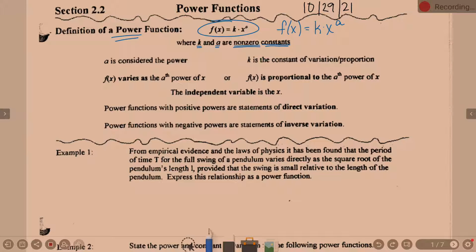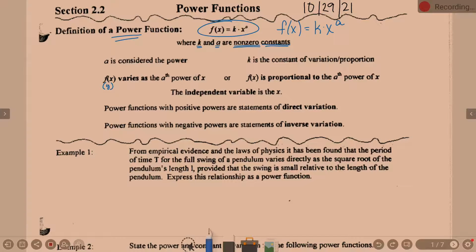Also in terms of wording, instead of f of x, we sometimes think of that as y, right? Varies as the a power of x. I can't differentiate that very well when I say it. So f of x varies as the a power of x.